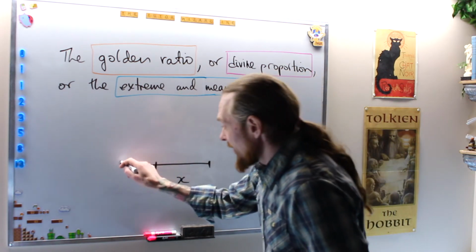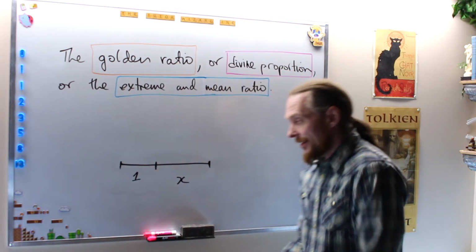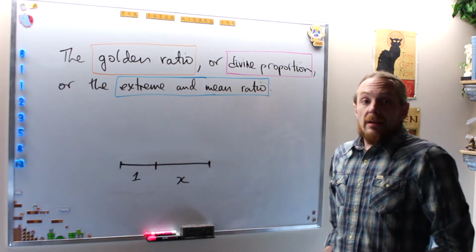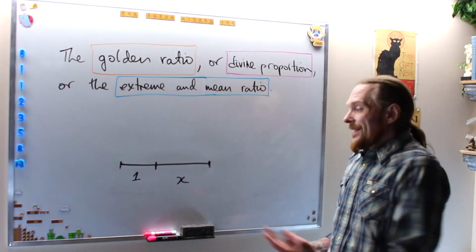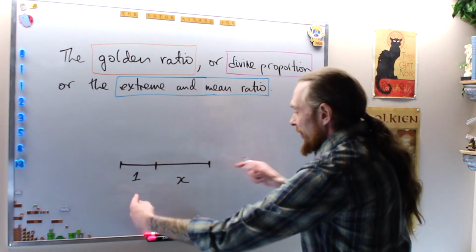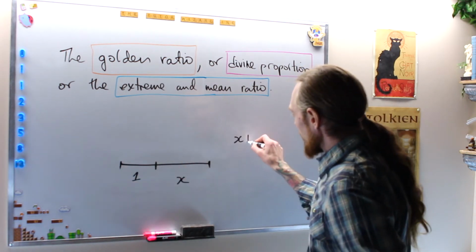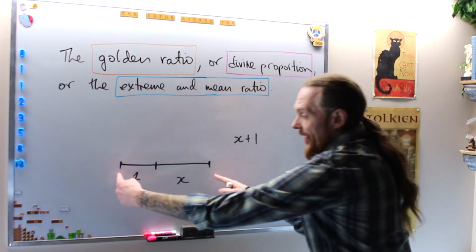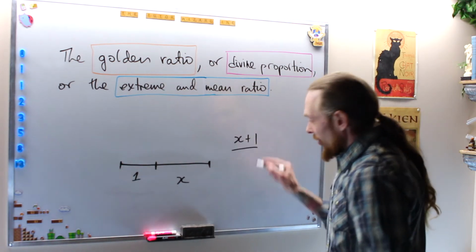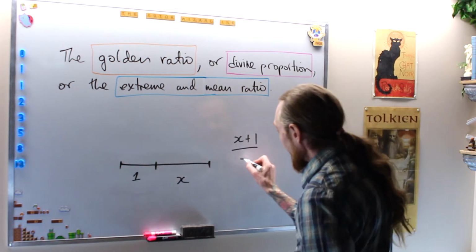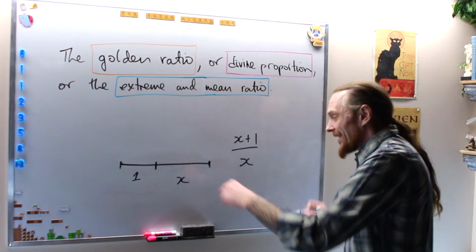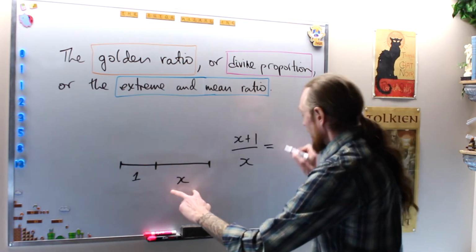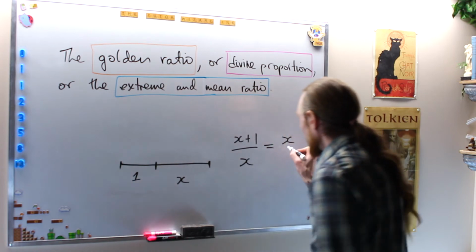And then we're going to call this the unit length. Whatever our unit length is, that is a unit length. So the cut is such that the ratio of the whole segment, which is now x plus 1, to the large segment x has to be exactly the same as the large segment x over the shorter segment, which we call unity.